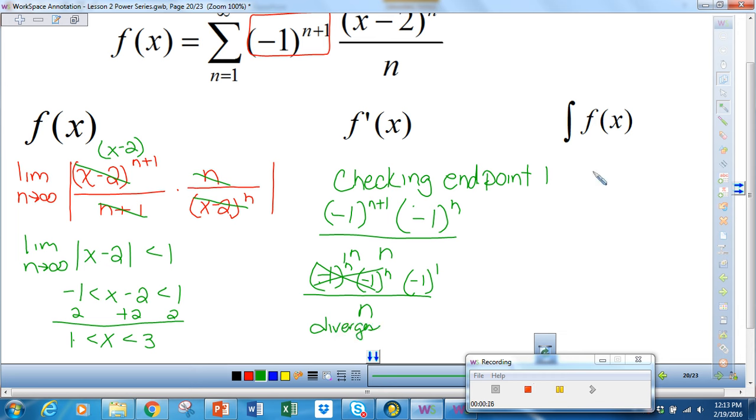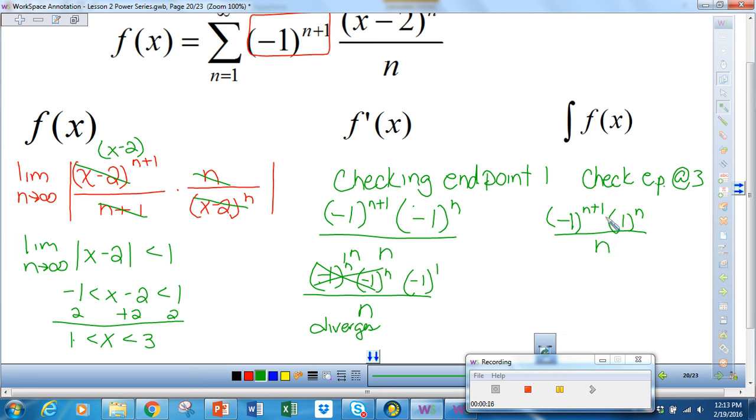And then I'm going to check my endpoint at 3. Once again, I'm going to replace x with 3. So I have negative 1 to the n plus 1. So 3 minus 2 is 1 to the nth power over n.